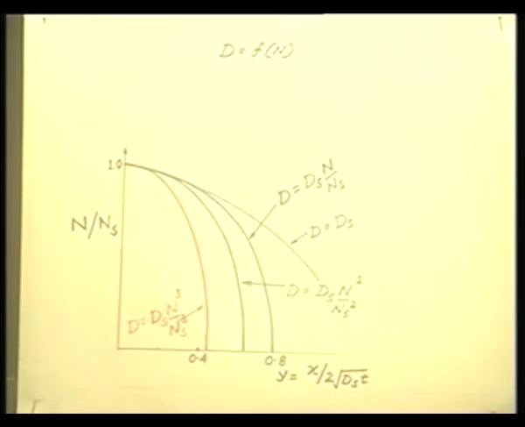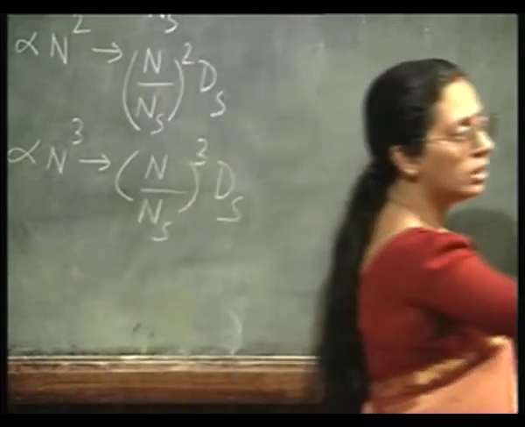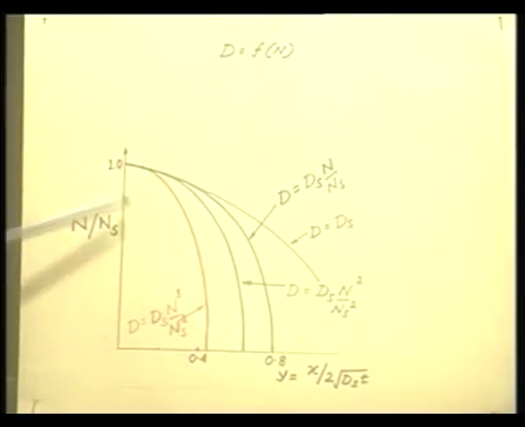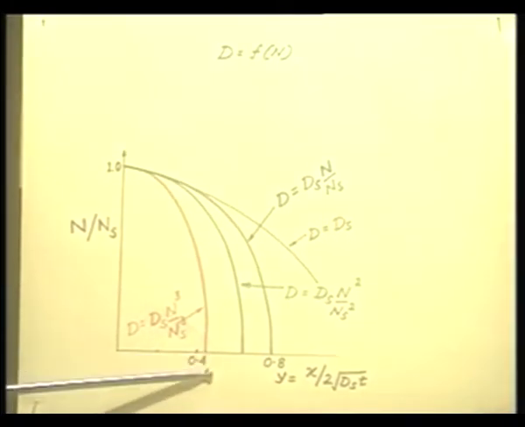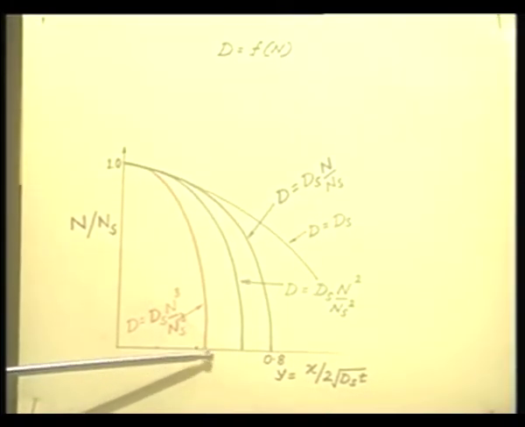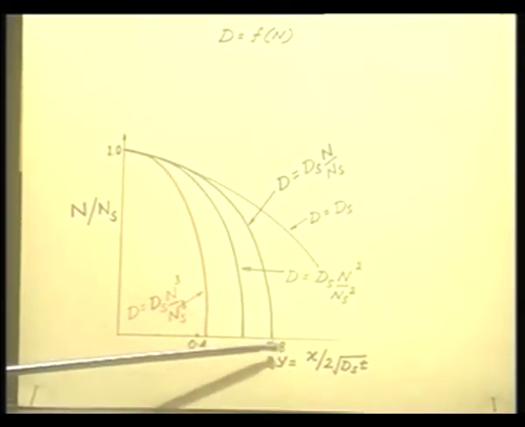What do we mean by that? You see, the surface concentration in all these cases is given by Ns, it is normalized, N by Ns is 1. Now, the junction depth is here for the red curve at around the value of 0.4. In this particular case, this is at around the value of 0.8.